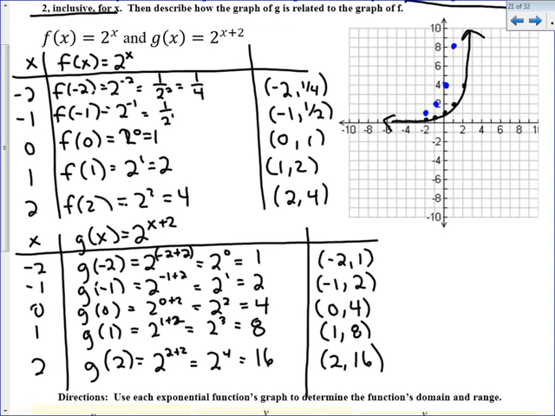Where do I have to level this out? What value am I going to level this out at? 0. It's 0 again because there's nothing added or subtracted on the end here. So this is actually going to come down about as far as the other graph.